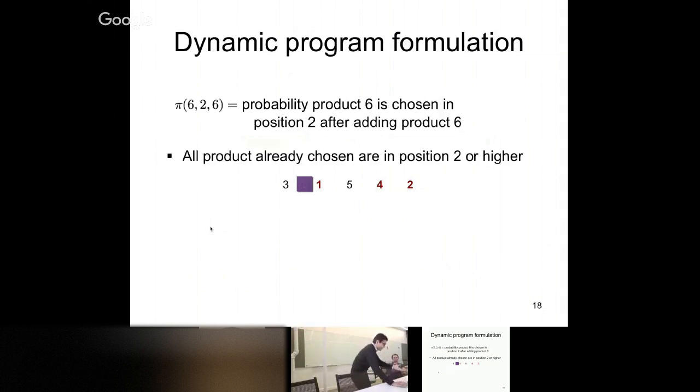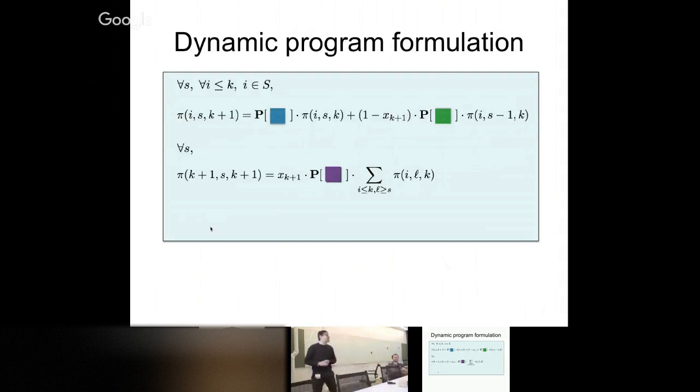So now this sets up my system of equations, which is pi I s k plus 1 is the probability that the k plus 1 goes at the end times pi I s k, or if k plus 1 goes before, then I should have appeared at s minus 1, and k plus 1 should not be in the assortment. Okay. And similarly, you can write the equation for this.